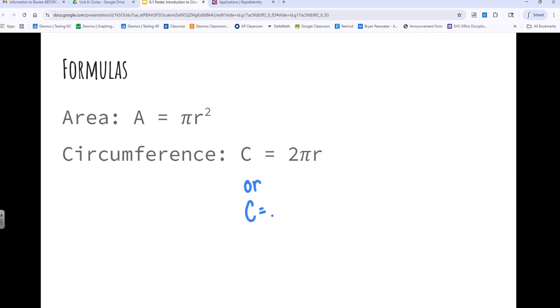So you also can use pi times diameter for that formula as well. Because if you take this 2 right here and multiply it by that r right there, that'll give you the diameter. Okay. And you will get a note card on this. So these are, I put a star next to this. These are good things to add to that note card.